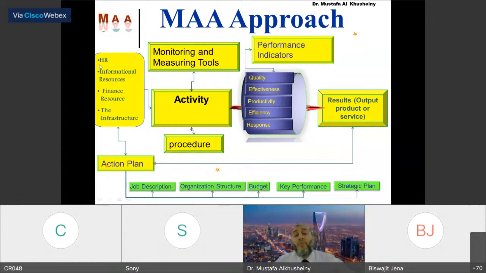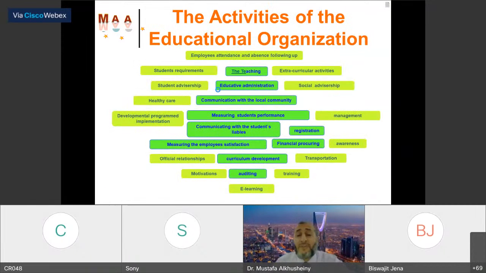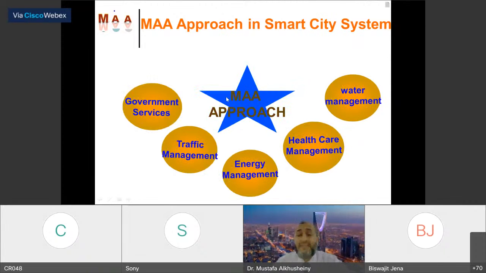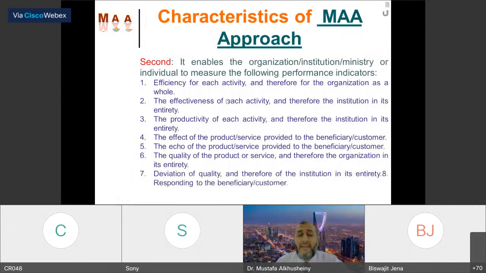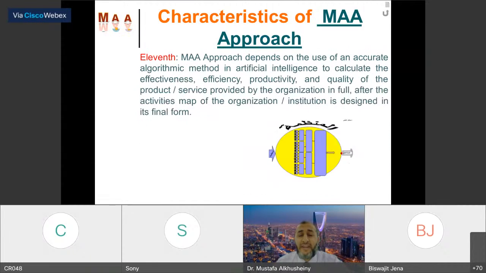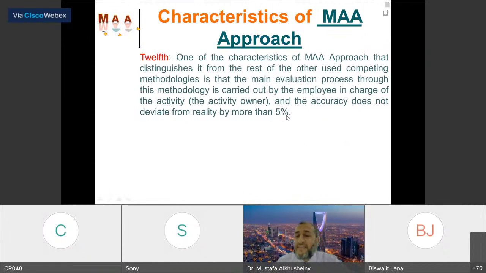Now, by using artificial intelligence, any defects in the evaluation of that boy for himself will be already updated. So the final result will not deviate more than 5% in the final evaluation of that procedure. And this will be applied for all the activities.